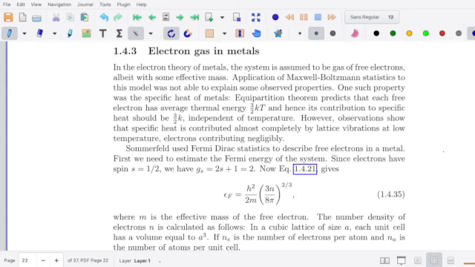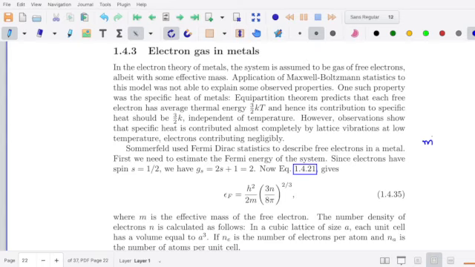The free electrons in the metal can be thought of as free, not interacting with each other, but they occupy the levels given by the electronic band in the metal, and therefore they will have an effective mass, which will not be the same as the mass of free electrons. So we can think of the free electrons in the metal as fermions with some effective mass, which we may call m.